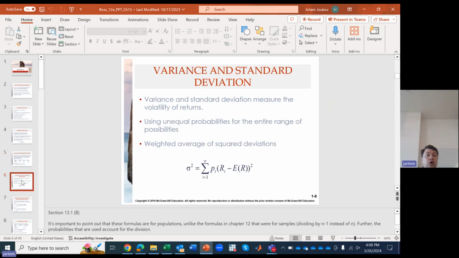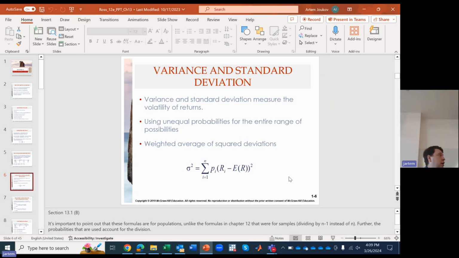Okay, now we're going to look at the variance and standard deviation. So remember, this is another formula for variance. Here the big difference is not so much the R minus the expectation of R. We already know R minus the expectation of R from our formula in chapter 12, because that's just taking a particular return and subtracting the mean from it to get the deviation from the mean, and then we square it.